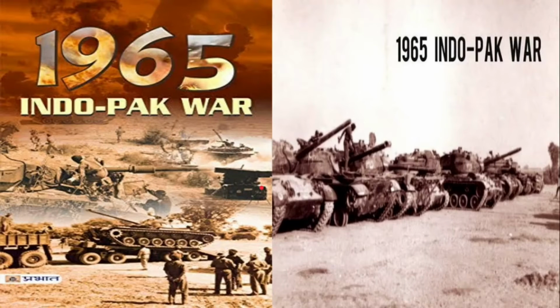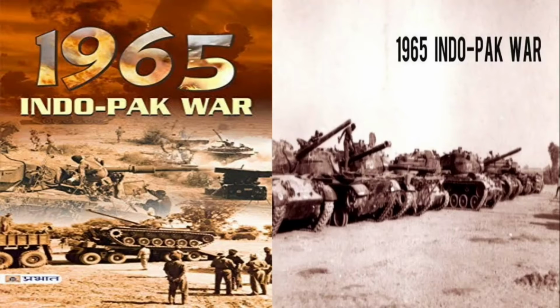The Indo-Pakistani War of 1965 was a culmination, means arrival at the highest peak, of a very minor dispute. It was a culmination of skirmishes that took place between April 1965 and September 1965 between Pakistan and India.